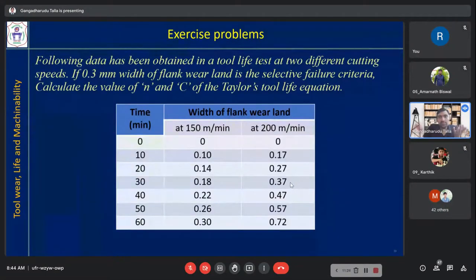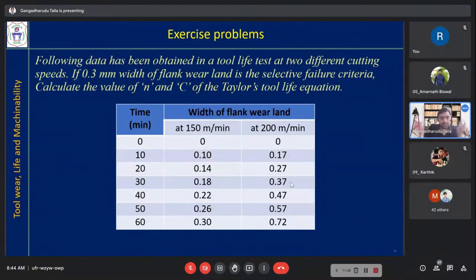For this, you have to do interpolation. How will you do that? We are assuming linear relation between time and this flank wear land. That is the assumption.